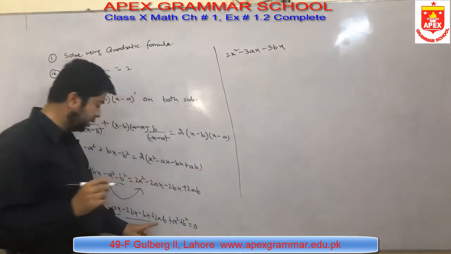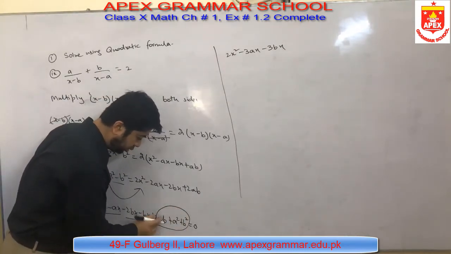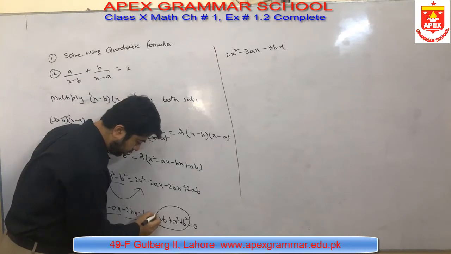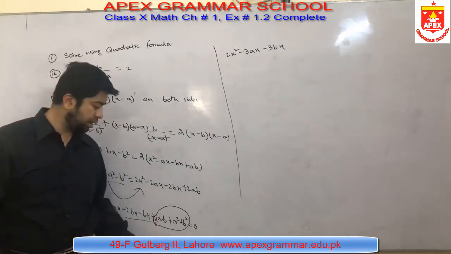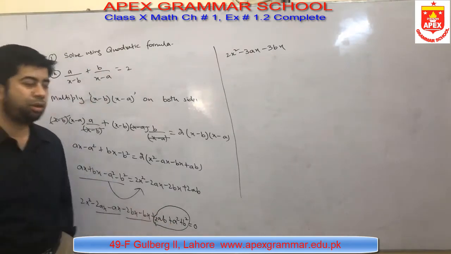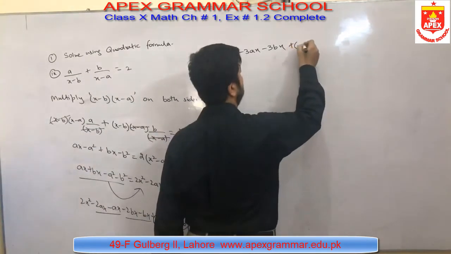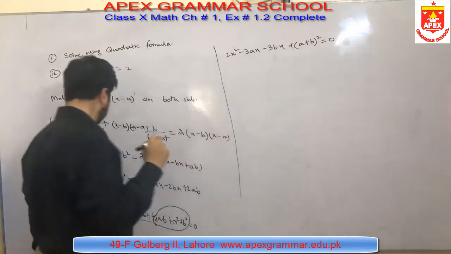And after that 2ab plus a square plus b square. Do you know what this is? Are you familiar with this one? Yes, this is the a plus b whole square formula. So you can write it, a plus b whole square is equal to 0.